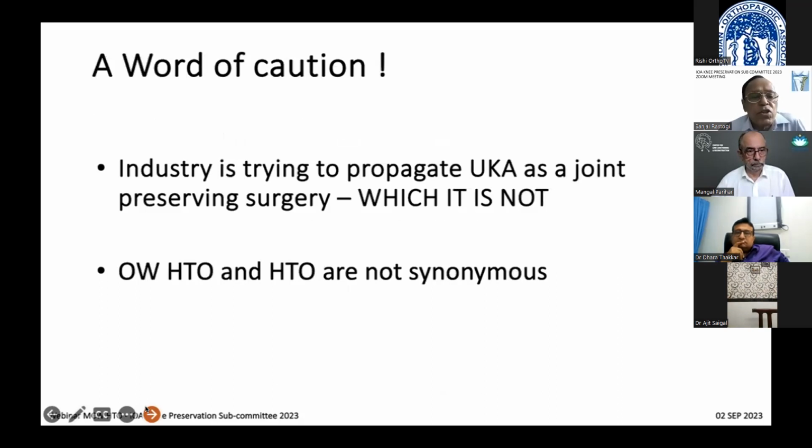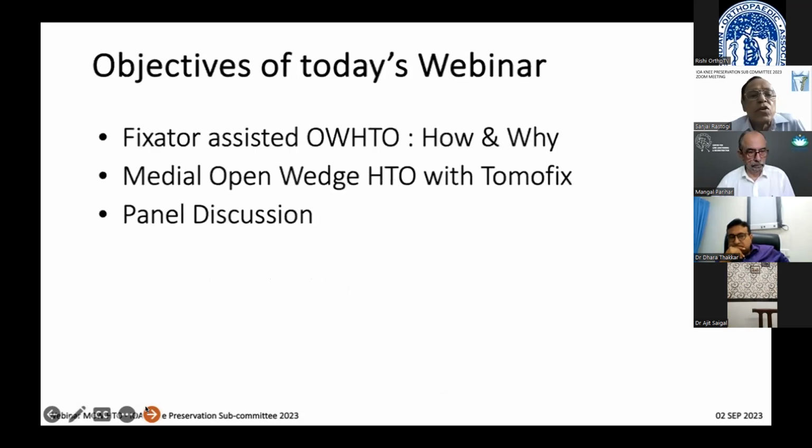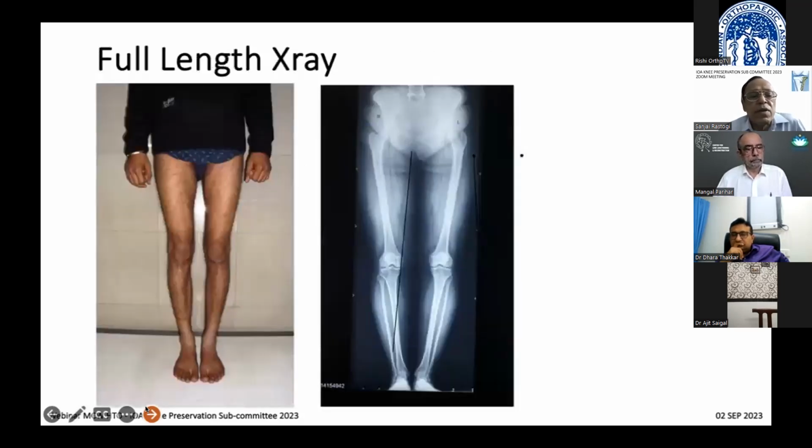And a word of caution, now industry is trying to propagate that UKR is a knee preservation surgery, in fact, which it is not. And we must also understand there's a difference between OWHTO and HTO, and they are not synonymous. So with this, we'll have two lectures, one by Dr. Mangal and the other by me.